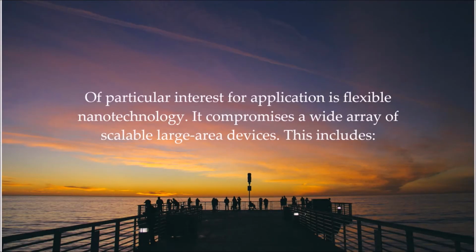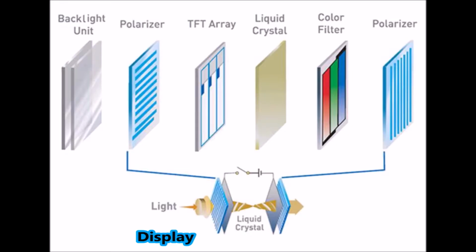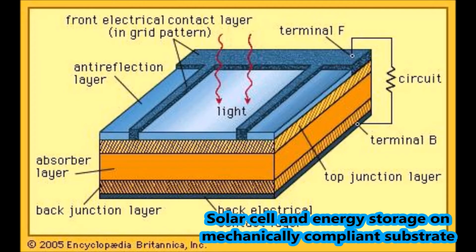Of particular interest for flexible nanotechnology, it comprises a wide array of scalable large-area devices. This includes thin film transistors, displays, sensors, transducers, solar cells, and energy storage on mechanically compliant substrates, and biosensors.